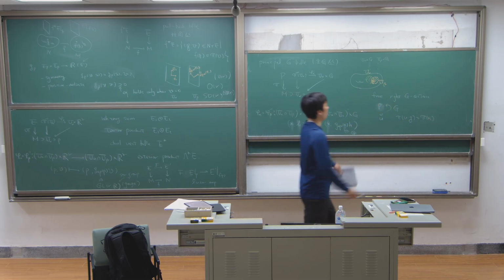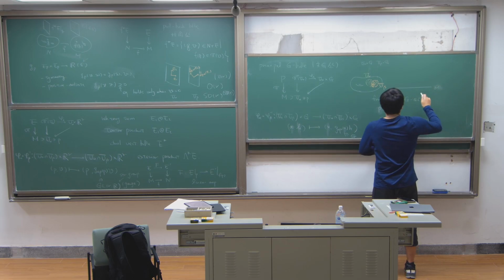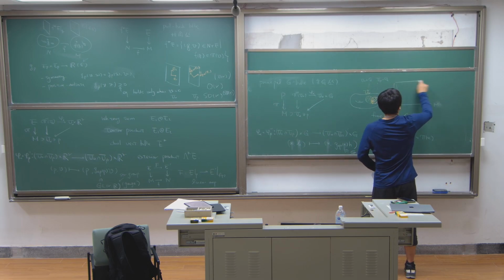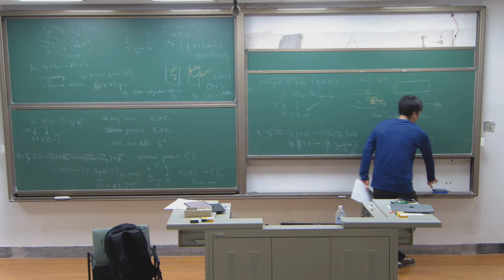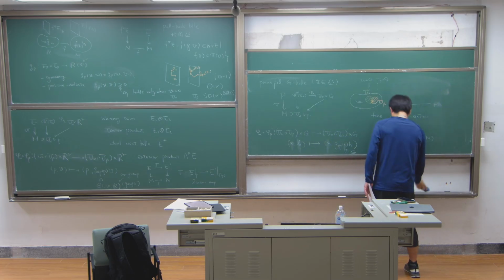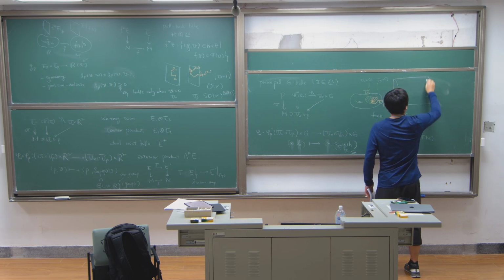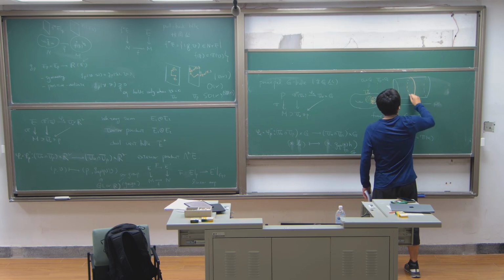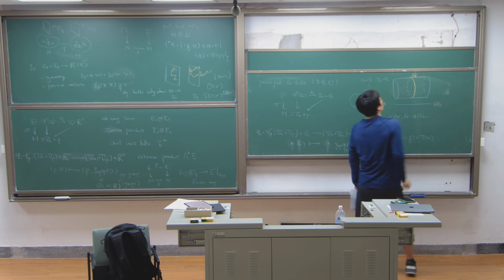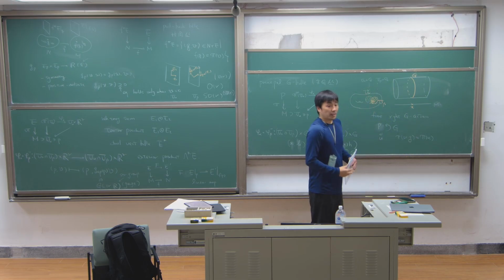So this means that if you have the M here, and there's a fiber, at each fiber, pick a point X in the base.